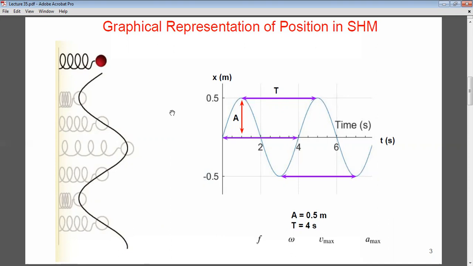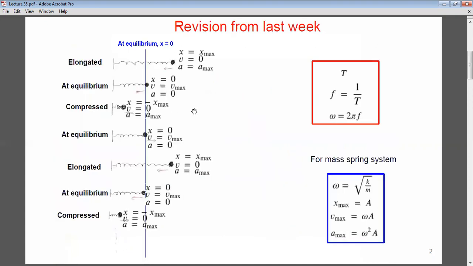Also, just one thing I want you to pay attention to. If the object is at the maximum position or at equilibrium or at the minimum, I want you to directly know what the v value is for it, or the a value for it.